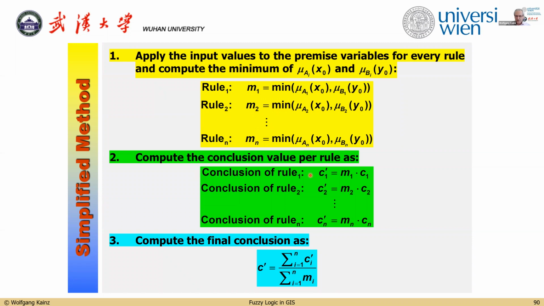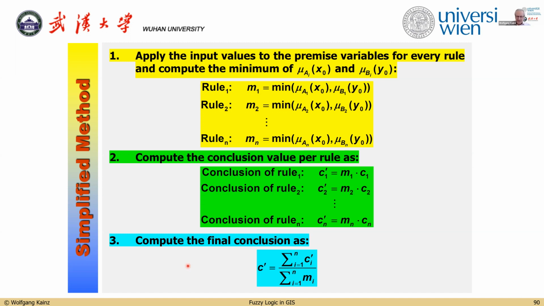So to take the minimum of rule number 1 and multiply it with the conclusion value of rule number 1 gives us the conclusion of rule number 1. And we do that again for every single rule, giving us these conclusion values. And then we compute the final conclusion as the sum of these conclusion values divided by the sum of the minima.